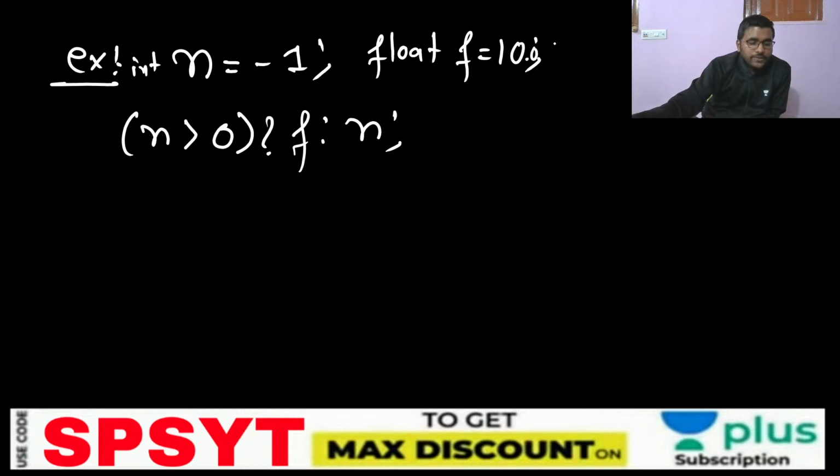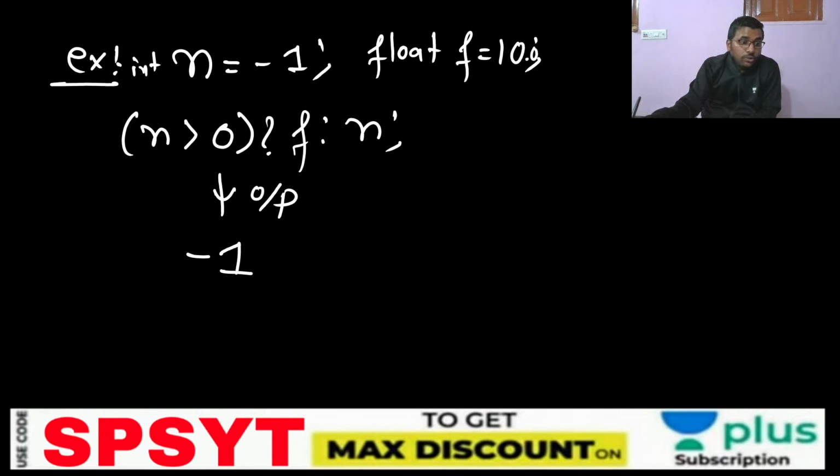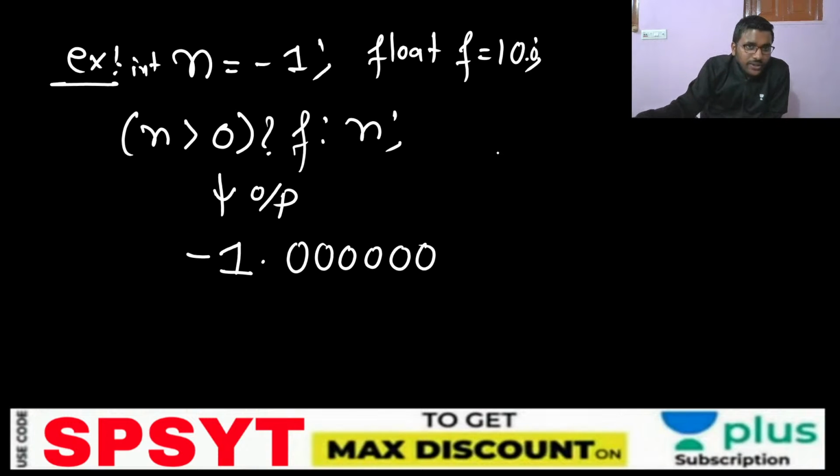So what is going to be the output? -1 is not greater than 0, so you will say the output is only -1. No. The output will be -1.000000, because the whole expression is converted into float, since float is the dominating type.